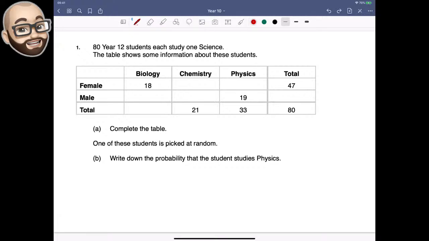You can see how many people must do biology altogether. That means you can work out how many males do biology. And if everything's right, then you should be able to work out how many males there are altogether, and then all the numbers should correspond. There are lots of different ways of doing it. There's no one right route of getting the answers. They are really easy if you get them in a table already.